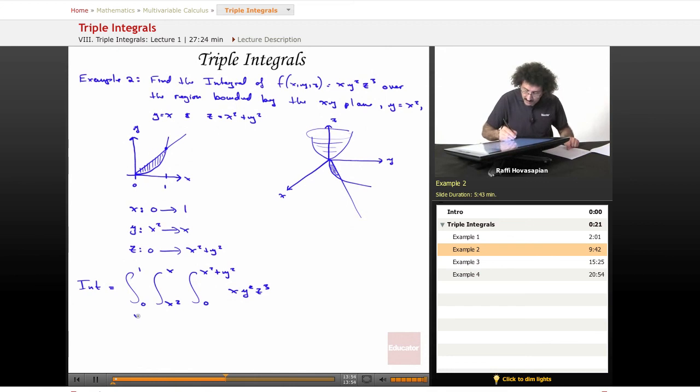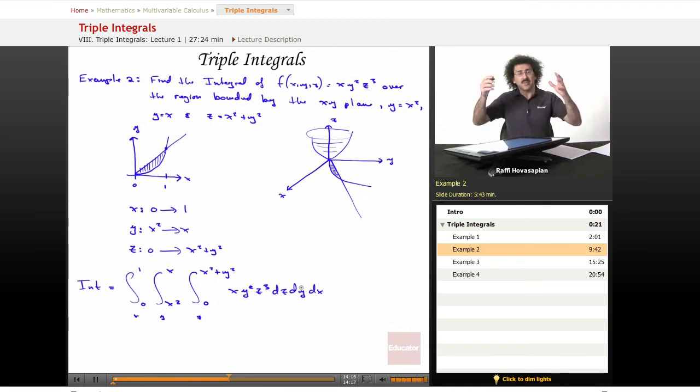This was x, this was y, this was z. So we're going to integrate dz, dy, dx. And again, the actual order itself doesn't matter. It just depends on what the problem is at hand. Sometimes it might be easier to do the dy first, or the dz first, or the dx first. What you have to be able to do is look at your region and see what's going to give you the easiest integration.